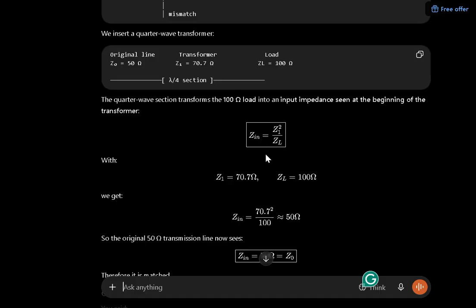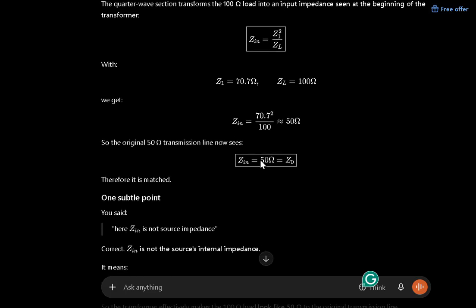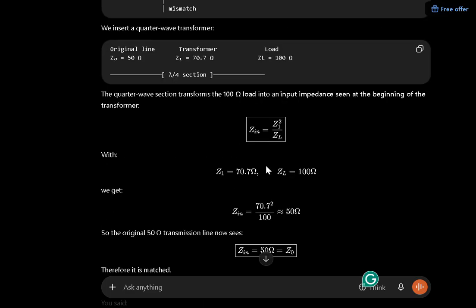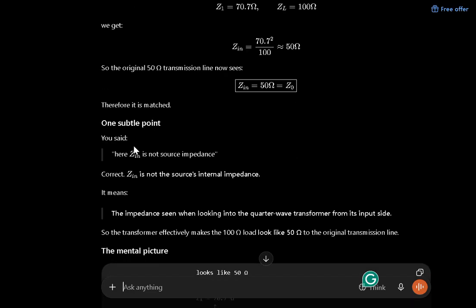Zn equals Z1 squared divided by ZL, where Z1 equals 70.7 ohms and ZL equals 100 ohms. Zn equals 70.7 squared divided by 100, which gives 50 ohms. So the original 50 ohm transmission line now sees Zn equals 50 ohms equals Z0. Therefore, it is matched.